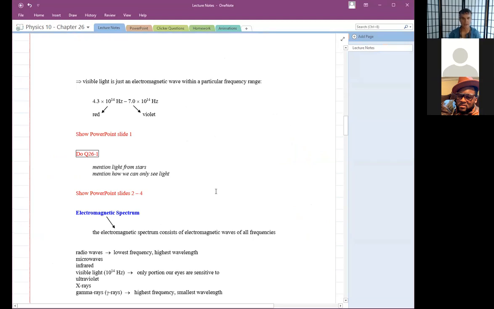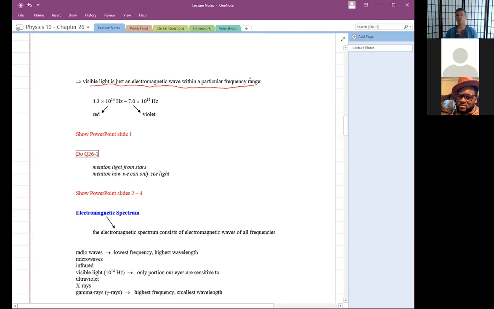All right, so as I was saying, visible light is just an electromagnetic wave, and there's no real difference between visible light and ultraviolet and microwaves except for wavelength and frequency. They're all identical. It's just like sound waves. A high frequency sound wave is no different than a low frequency sound wave.